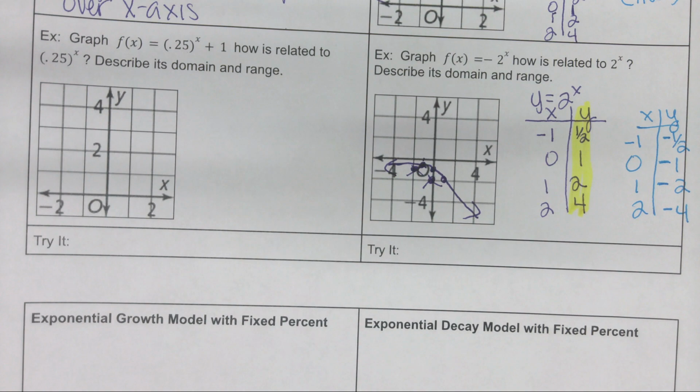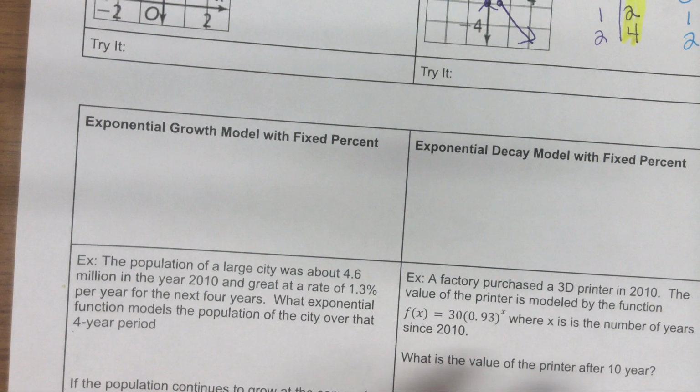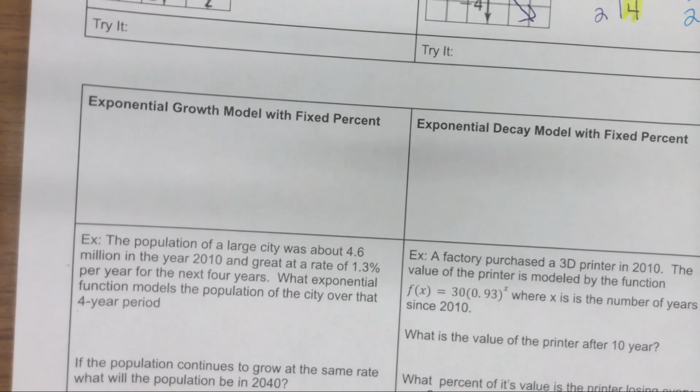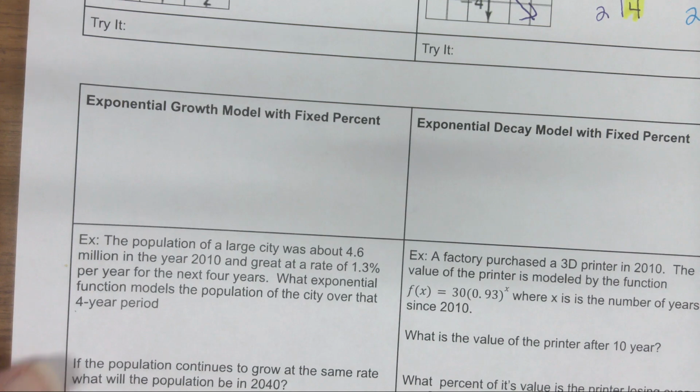Okay, what do I want to talk about for the rest of the time? Yay! Growth with fixed percent, decay with fixed percent. This is probably the thing that's most applicable that you're going to see in life with exponential models. So here's how it works.